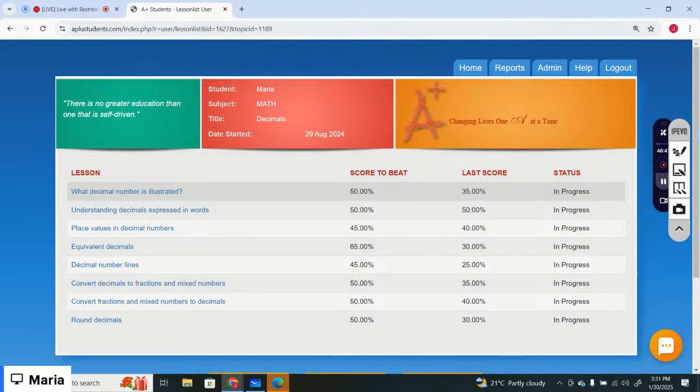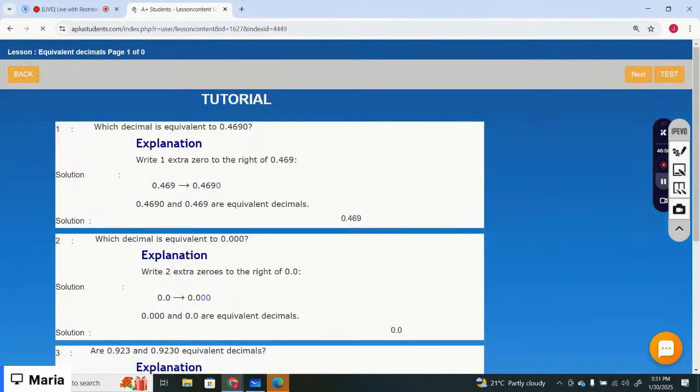The next lesson is equivalent decimals. Let's just start with the next lesson.